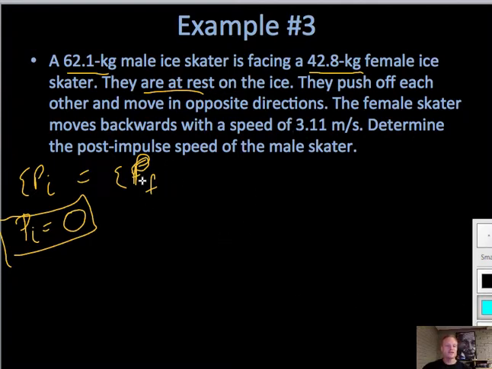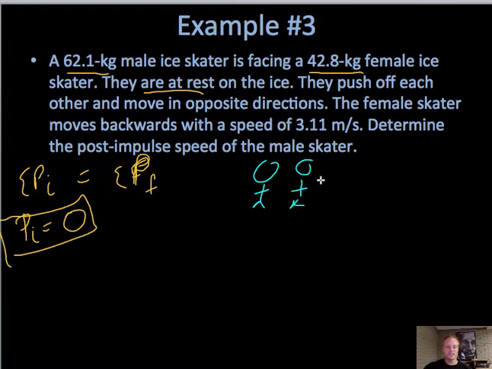Okay, let's figure out the velocity of this male skater. Maybe I should draw a picture here. The two of them push off on each other, and this one goes this way and that one goes that way. I'll call this one the female. We know that the female ice skater moves away with a speed of 3.11 meters per second.